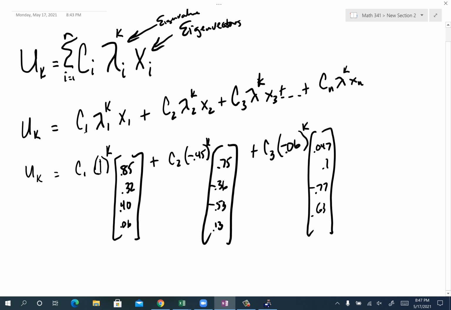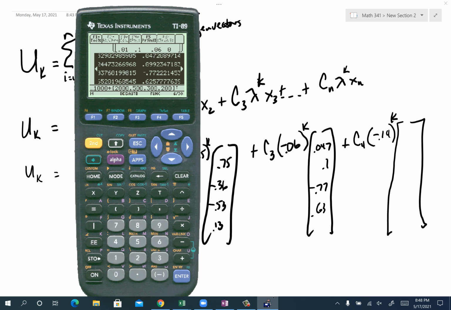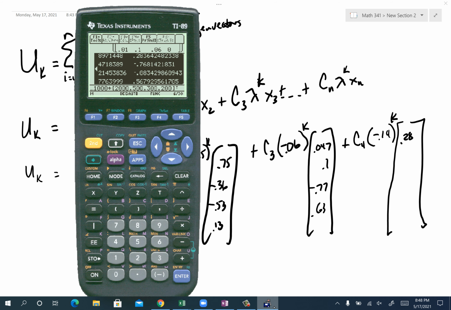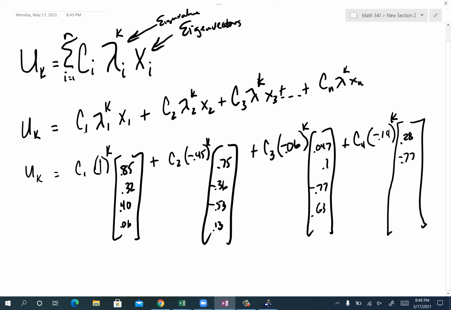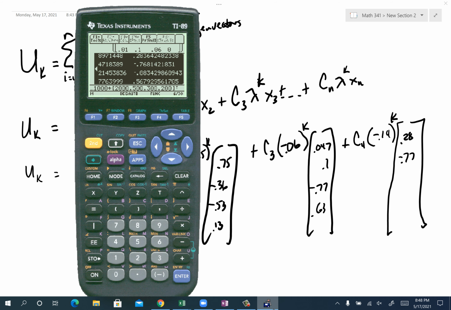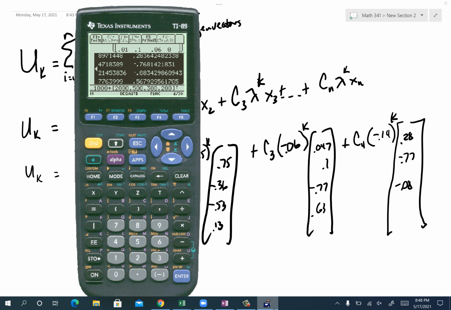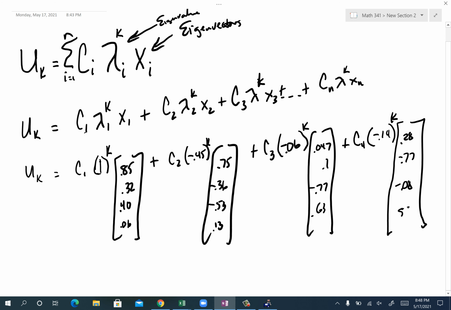Close enough for government work. Again, we're just trying to get the idea of what's happening here. And then negative 0.14-ish to the k. And of course, that's going to be 0.28, negative 0.77, negative 0.08, and 0.57-ish, basically. Good enough.